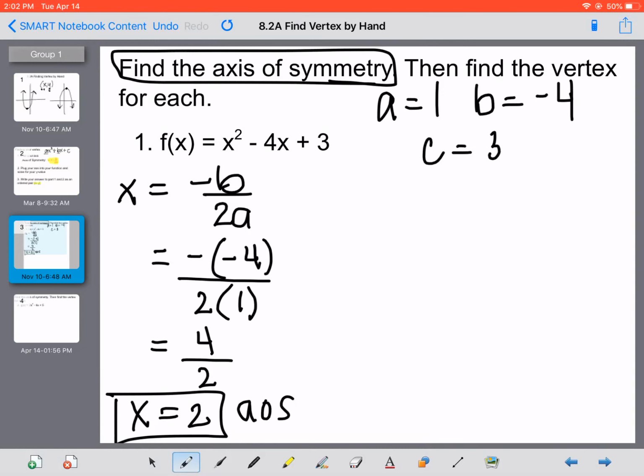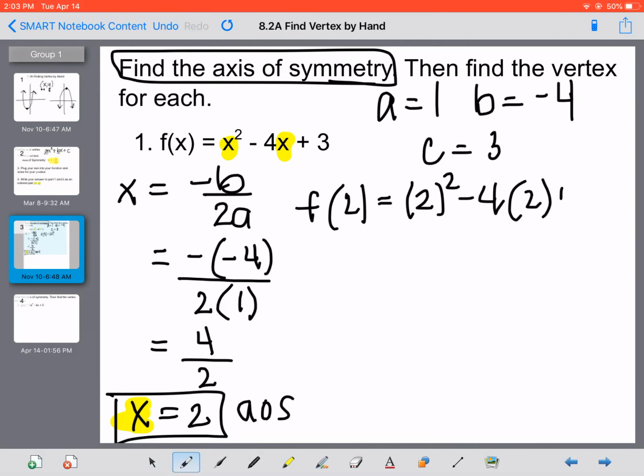Well, once we know our axis of symmetry, we can take that x value, and because we found x, we can plug it in for the x's of the formula. So f of 2 is going to be 2 squared minus 4 times 2 plus 3. If you have a calculator, you can type this whole thing in your calculator if you want to, or you can calculate it by hand.